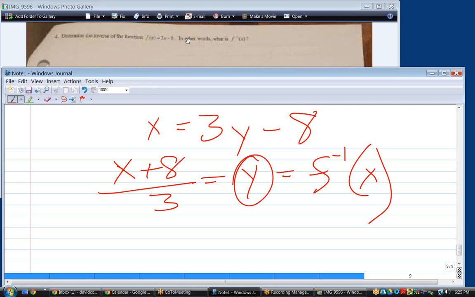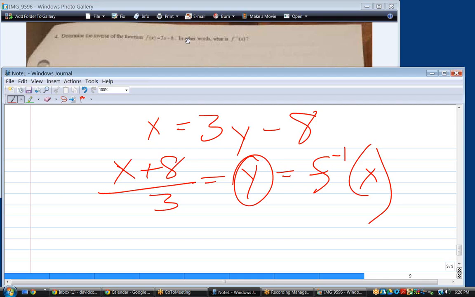But the typical way that it's taught in the Colorado school system is switch the variables and solve for y, or solve for x and then switch the variables. Either order works. There's no real difference. But at some point you want to switch the variables. Okay?